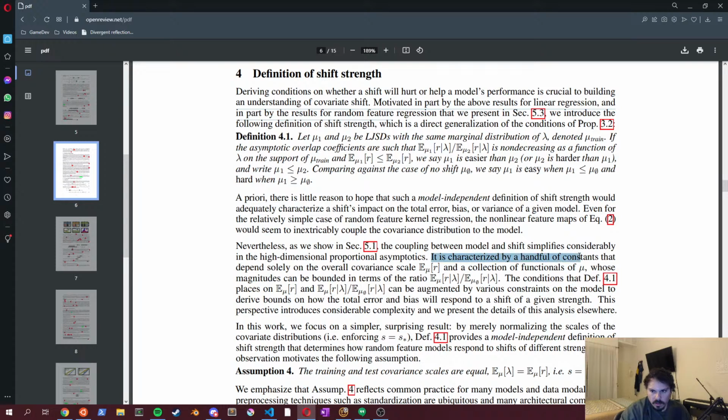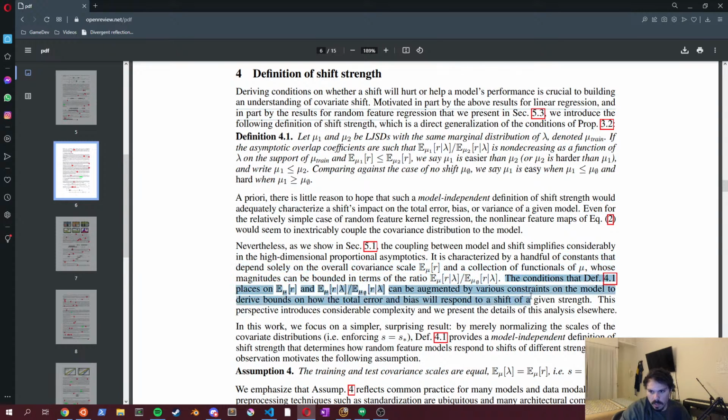It is characterized by a handful of constants that depend solely on the overall covariance scale ER, and a collection of functionals of mu, whose magnitude can be bounded in terms of the ratio E mu r given lambda over E mu 0 r given lambda.